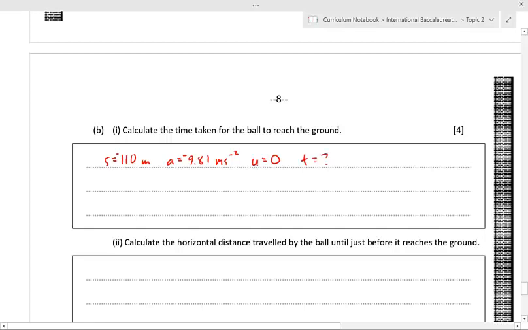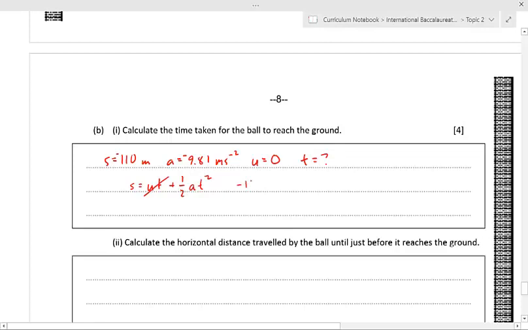So which equation do we use here? We use s is equal to ut plus half at squared. And u is 0, so that cancels.